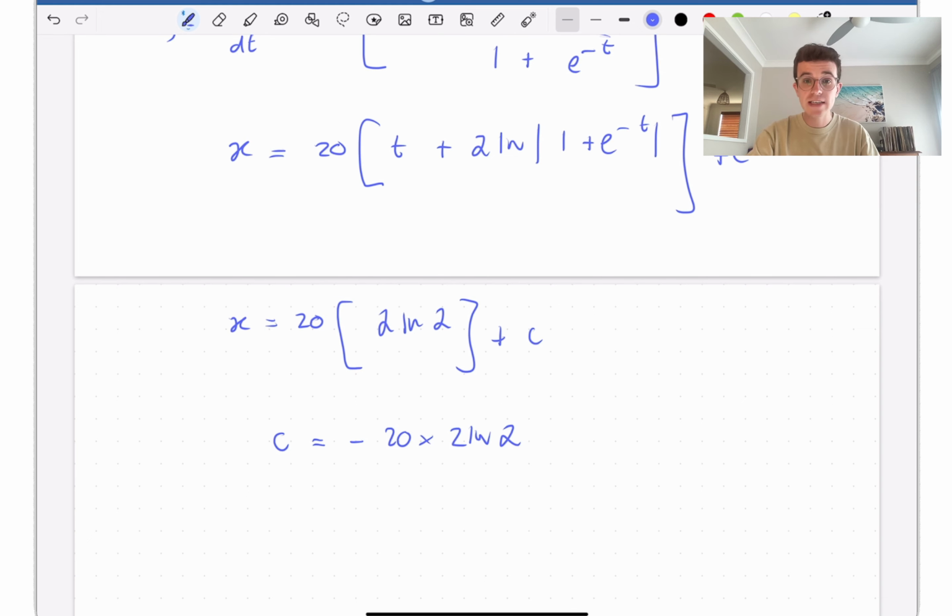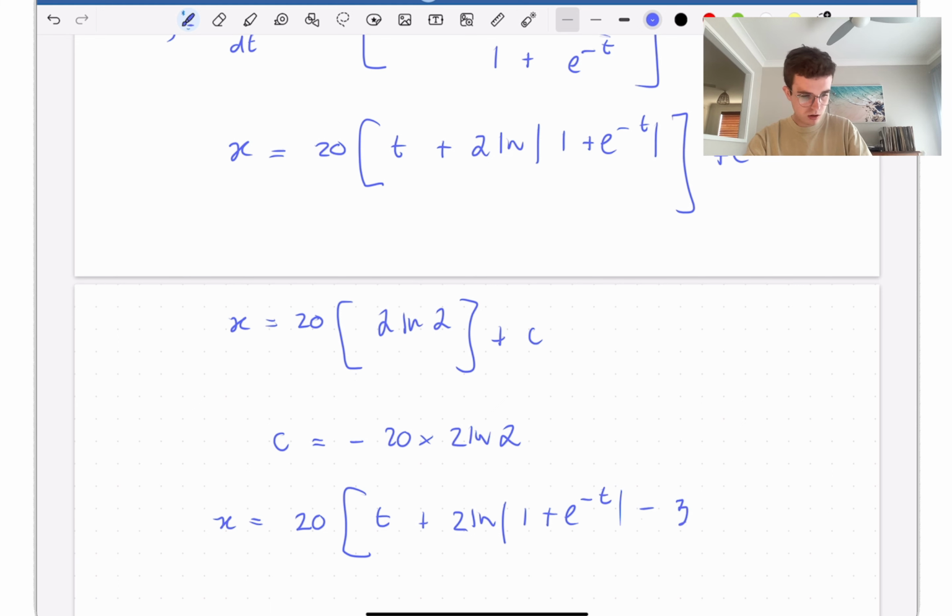Now you might wonder, why did I not make that 42 ln of 2? Well, up here, I'm actually going to factorize this 20 and put it inside here. So 20 outside of t plus 2 ln of 1 plus e to the minus t, close brackets, minus 2 ln of 2.